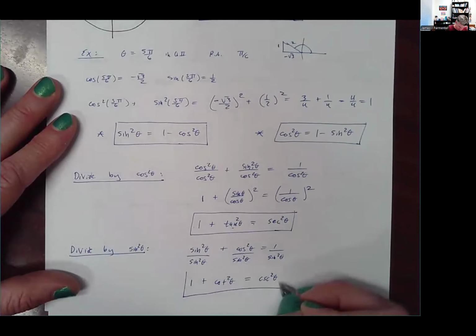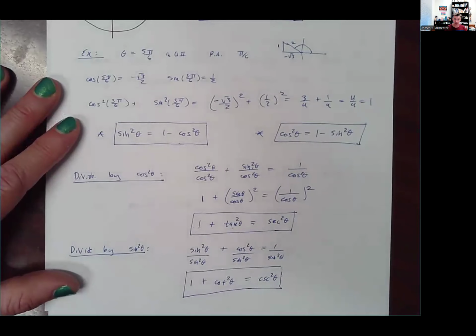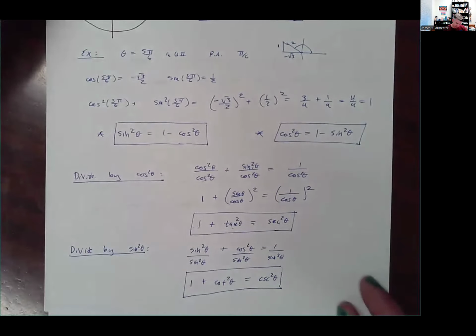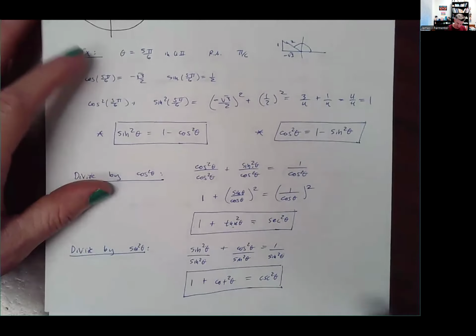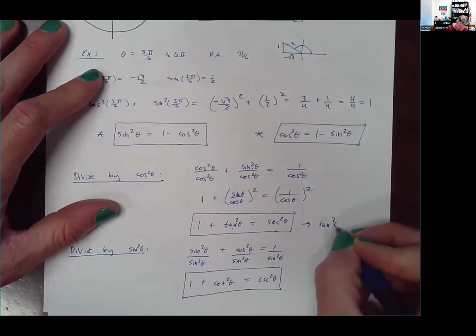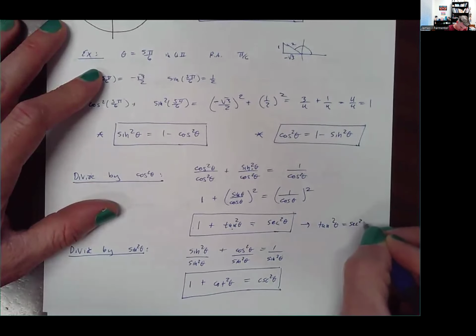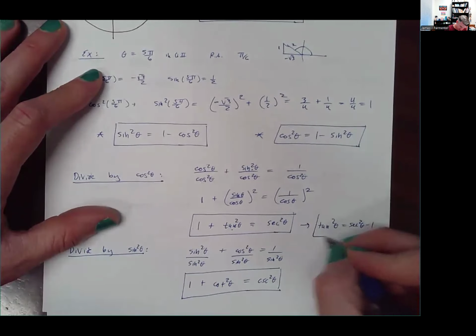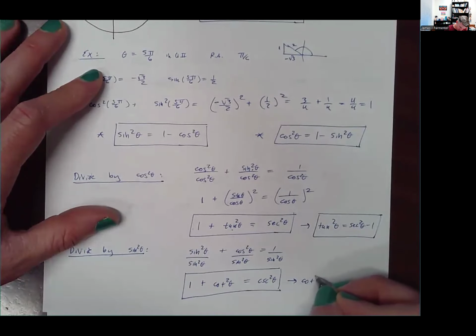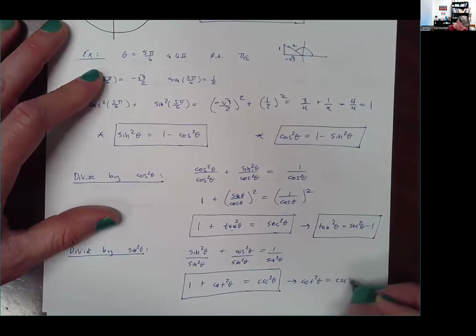This one gets used less, but it is still a perfectly good trigonometric identity. And then sometimes you could write this as tangent squared theta equals secant squared theta minus 1. It's less often. And similarly here, you could say cotangent squared theta equals cosecant squared theta minus 1.